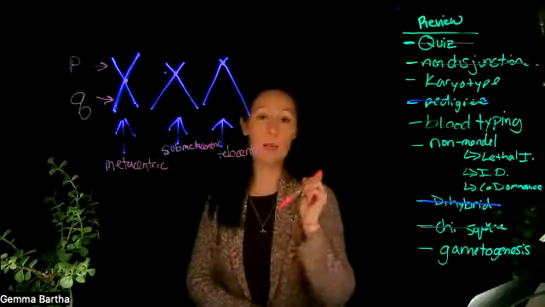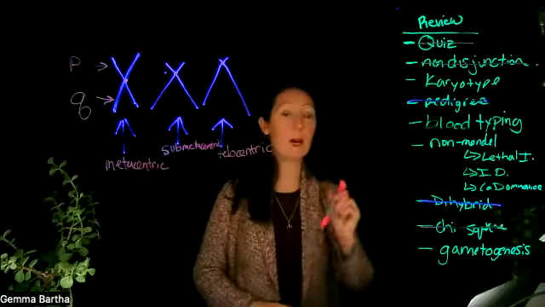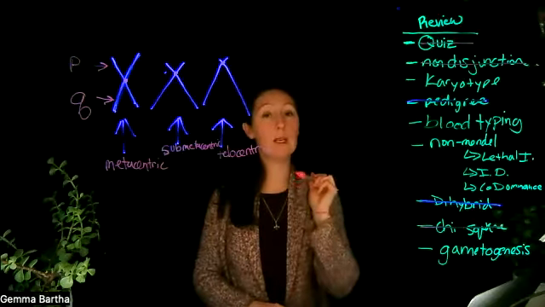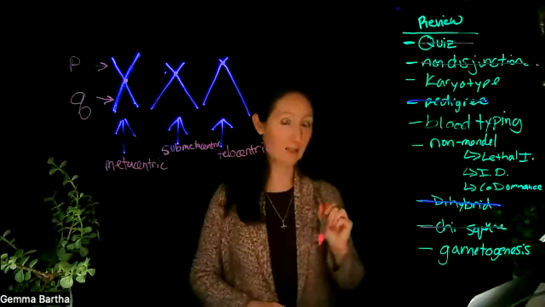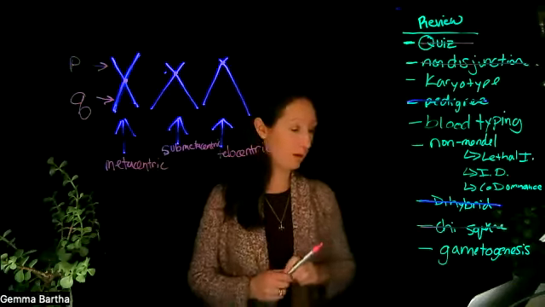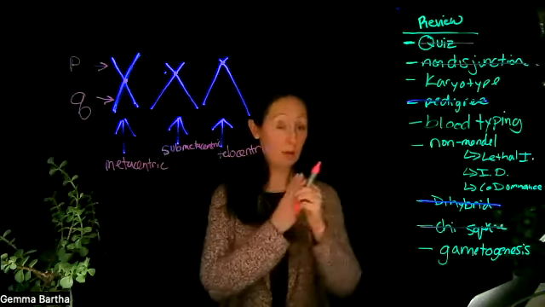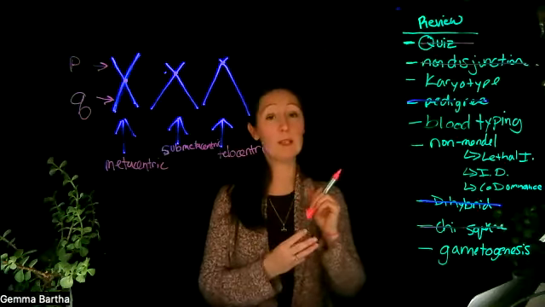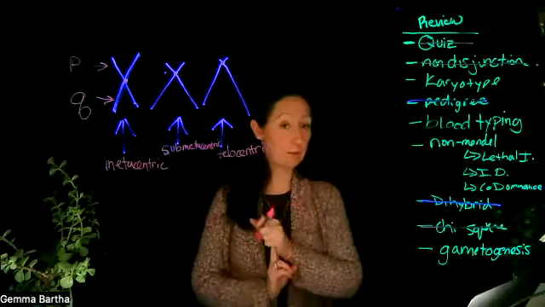You do not need to memorize which chromosomes are which, but you do need to recognize. You will be given a karyotype. You will need to label them. You will need to know X and Y, where that falls on a karyotype. You will need to know male versus female.